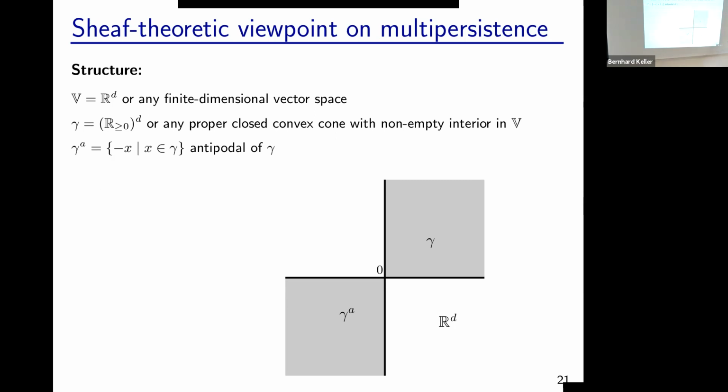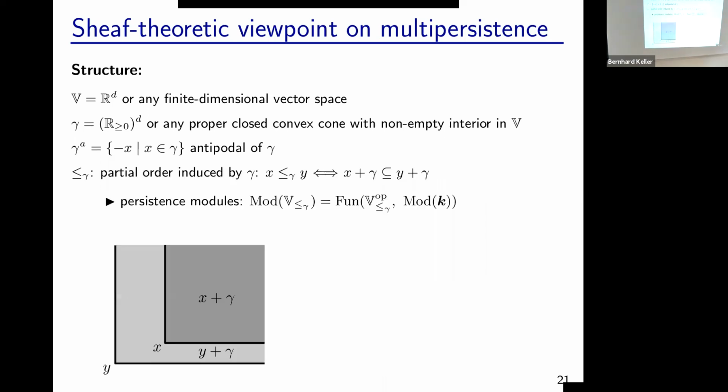Now, the cone is going to be called gamma. V will be a shorthand for R^d, and then gamma^a will be the antipode of the cone. Now, the cone itself induces a partial order on R^d, and this is the formula for the order.